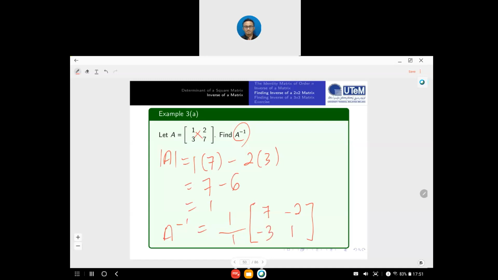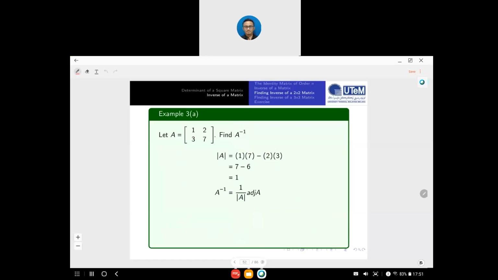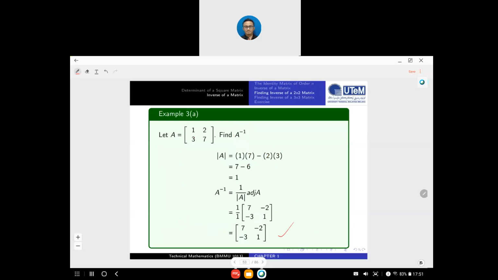So this one is the answer. 1 over 1 equal to 1. So this one becomes 7, negative 2, negative 3 and 1. Okay. So you can get something like this. Boleh? Okay. So this one is for matrix 2 by 2.